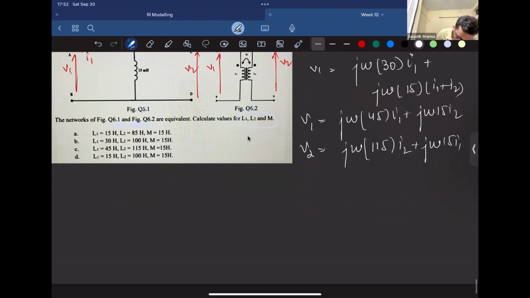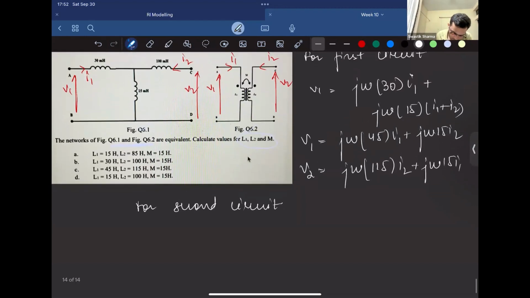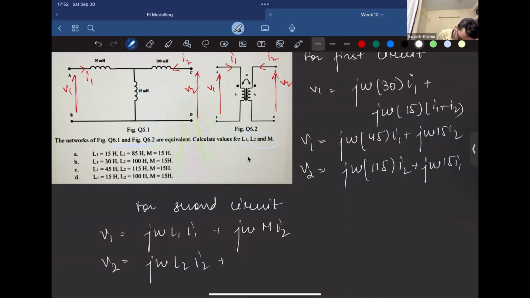Now for the second circuit, V1 is equal to what? j omega L1 I1 plus j omega M I2, and V2 is j omega L2 I2 plus j omega M I1.